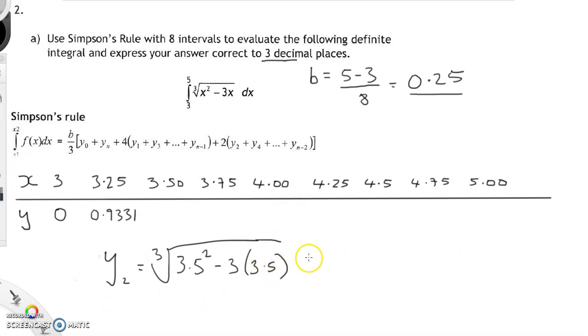Bang that all into the calculator, and you should come out with 1.2051 when rounded off to 4 decimal places. So we'll put that in there, 1.2051.